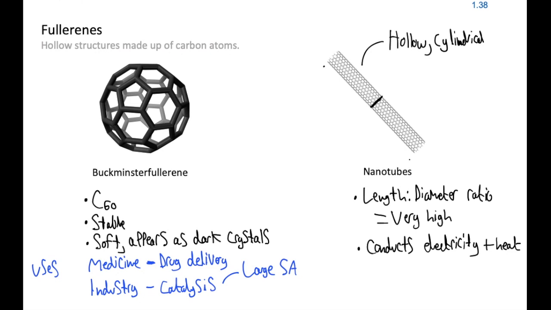Nanotubes are strong materials which provide strength without adding too much weight. This is because they have a very high tensile strength, which essentially means they're very difficult to break through stretching.